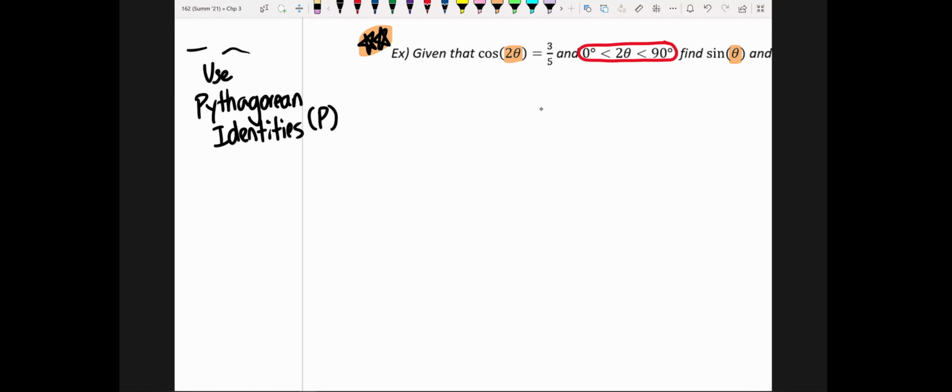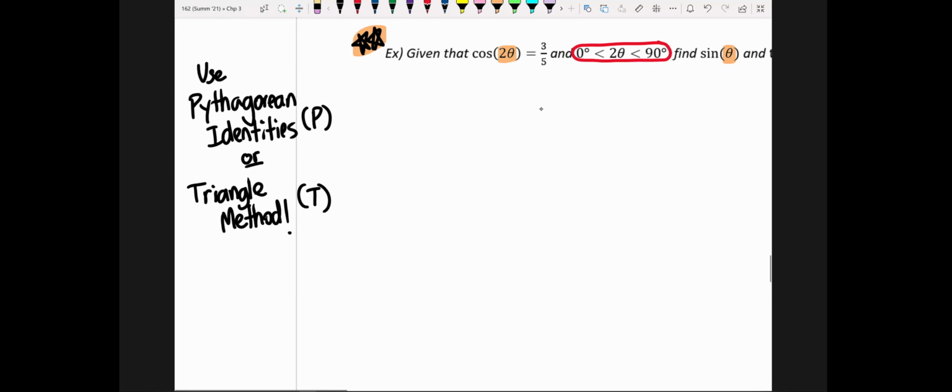Or we could use the triangle method. Given the exact value of one trig function, we can fill in our right triangle. And with the right triangle, we can find the exact value of all 6 trig functions. So two different methods, Pythagorean identities or triangle method.